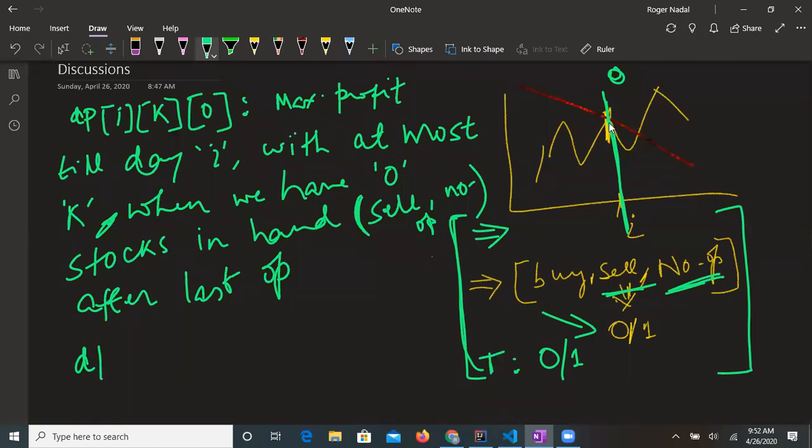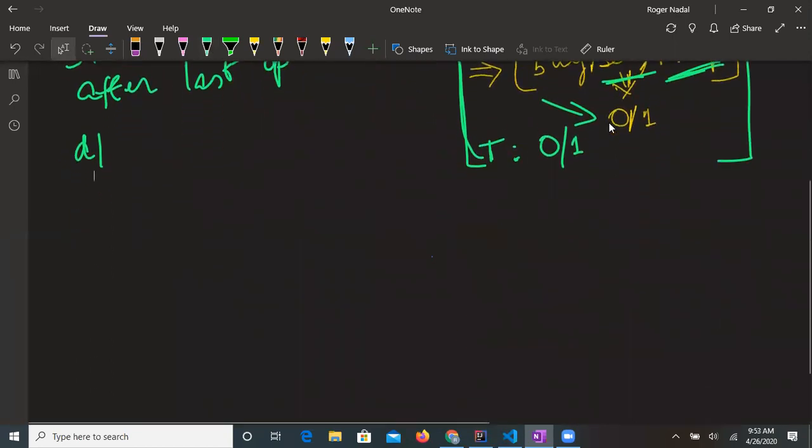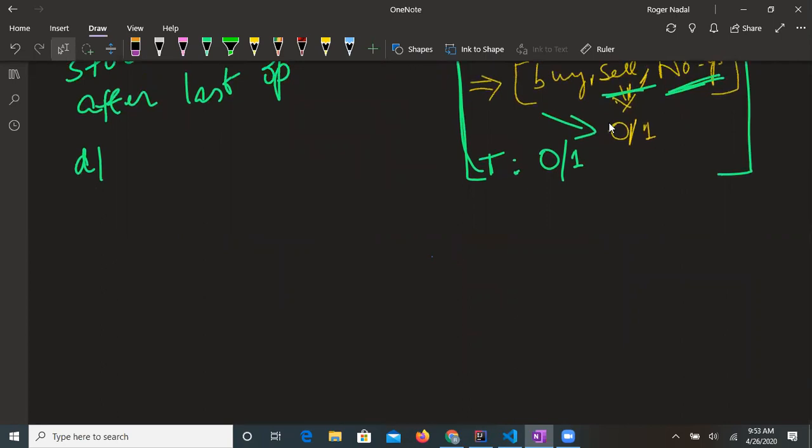Same thing, exact same definition is the only thing. How can you have one stock in the hand on the ith day?